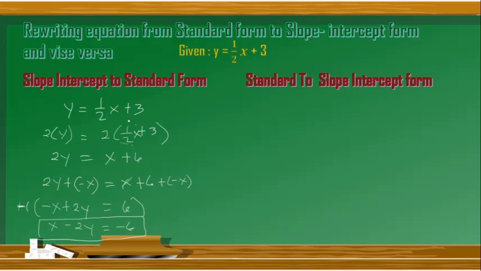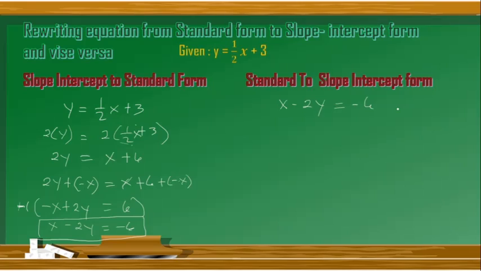Okay, so from here we will convert again back to the slope-intercept form. So we'll write first the given: x minus 2y equals to negative 6.